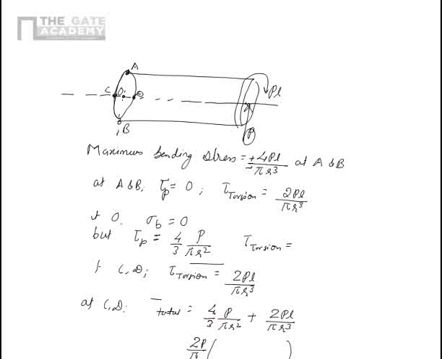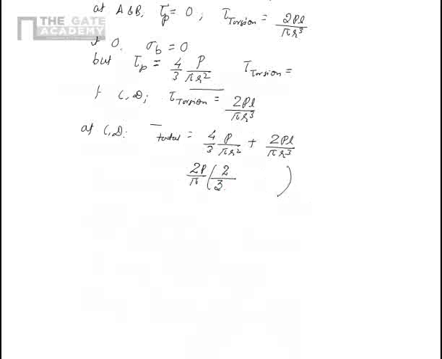This 2P upon pi goes out, so this becomes 2 upon 3, I can put R square also out, so 2 upon 3R, plus L upon R. That is the maximum shear stress which occurs in the bar at C or D.